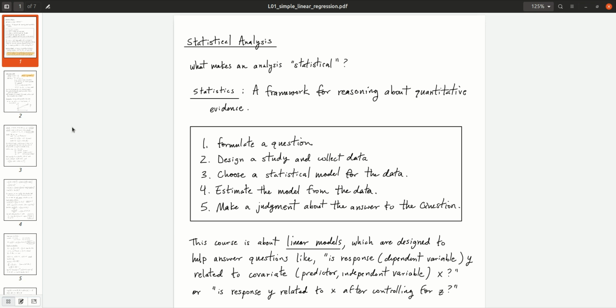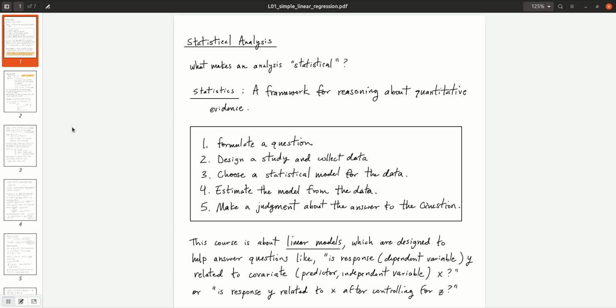So I've broken this down to a 5-step process here, and I don't mean to be overly formulaic, but I want to lay out some of the things we think about when we're doing a statistical analysis. So the first thing you probably think about or should be thinking about is formulating a question that you'd like to answer.